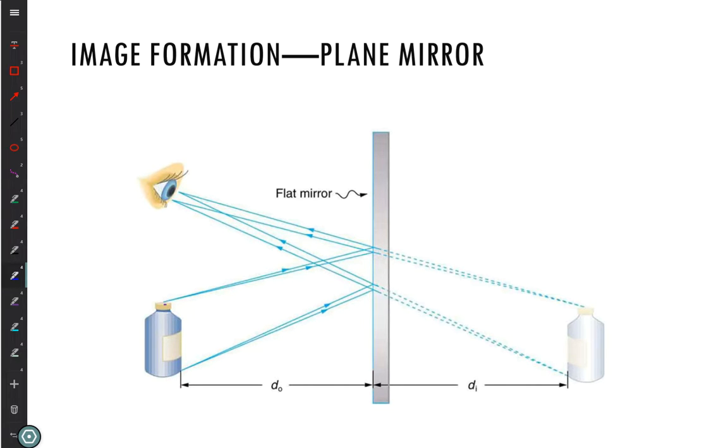It gets to my eye, and my brain says, I had light that was coming like this, extrapolate back, and it met this far away. And so my brain says, those rays met back here. Now, if I know there's a mirror there and I understand mirrors, I can figure out that's not where it was. But I'm sure you've seen videos of animals seeing a mirror for the first time.